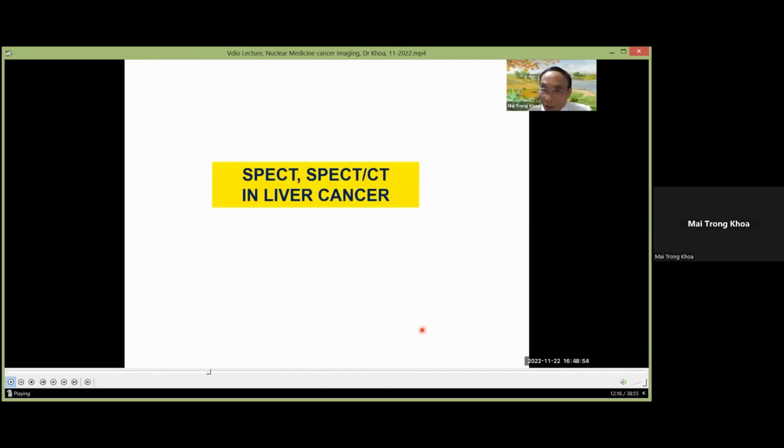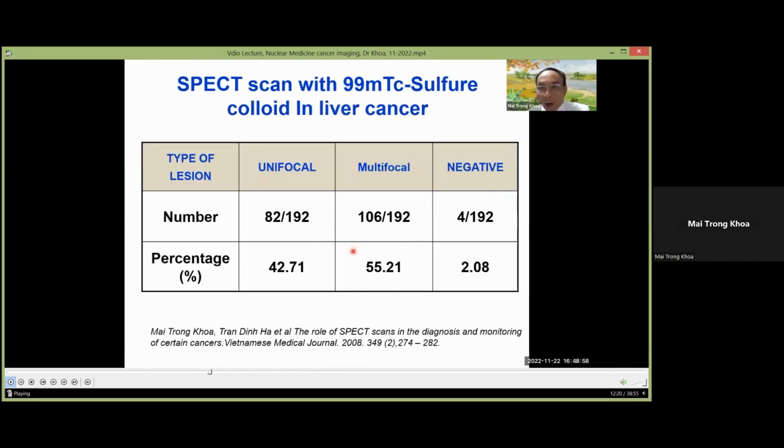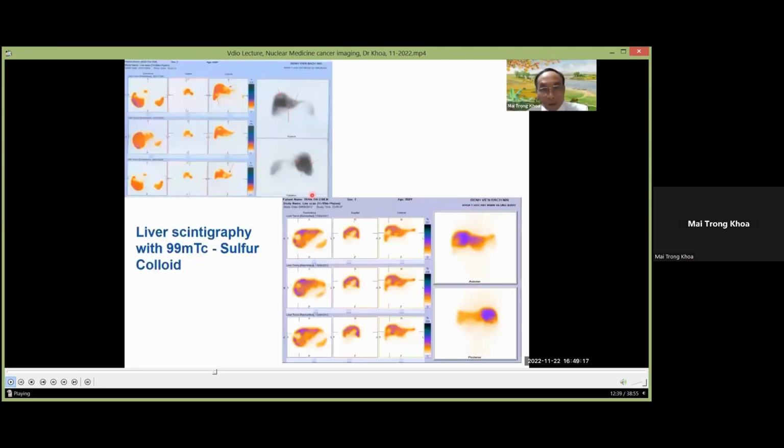We will see the roles of SPECT in liver cancer. One of our studies shows that liver scintigraphy with 99mTc sulfur colloid can help detect one or more lesion sites.